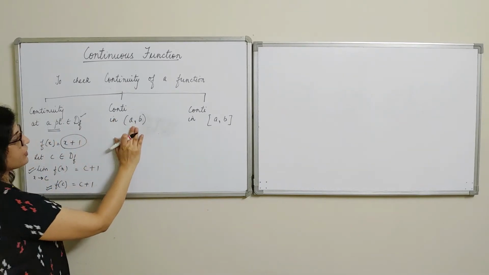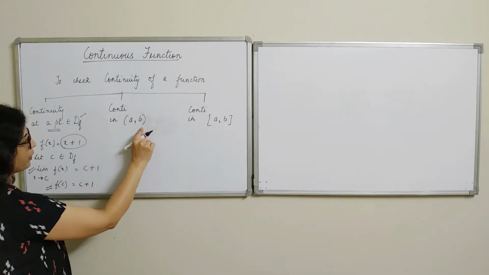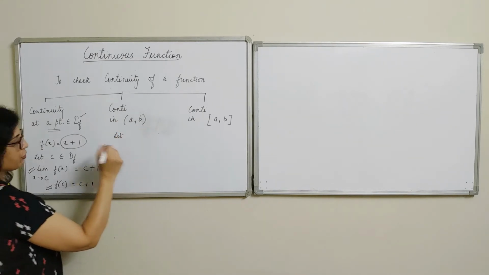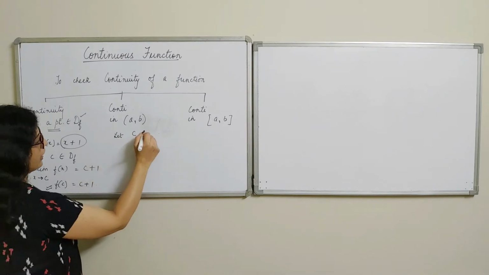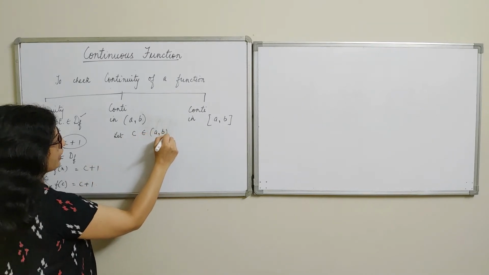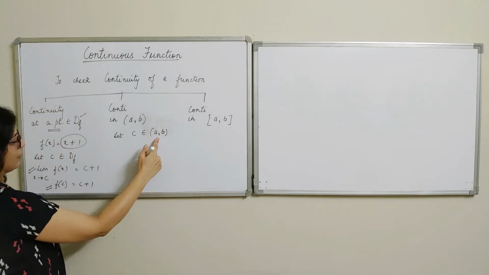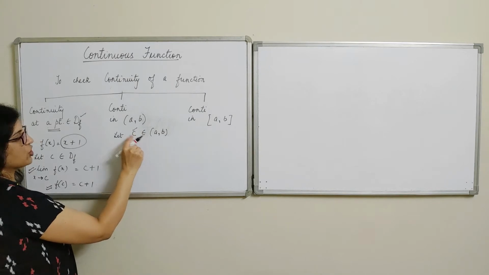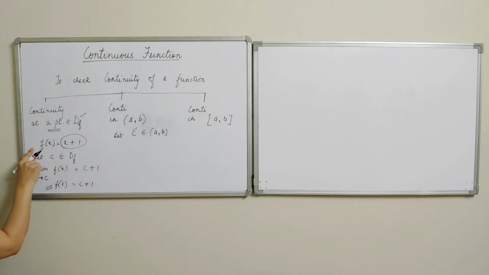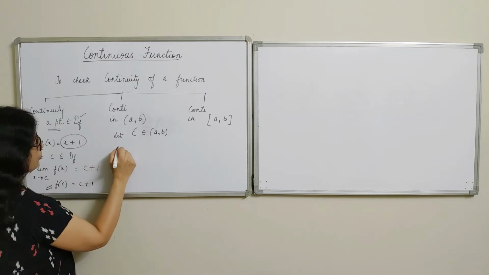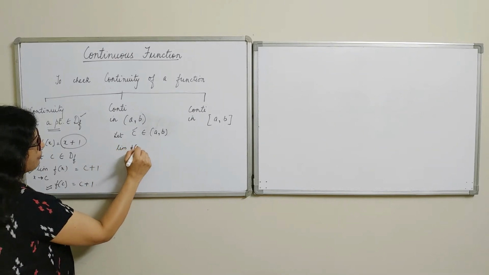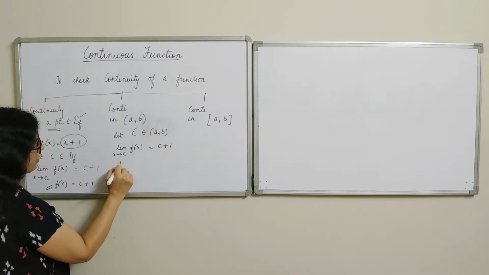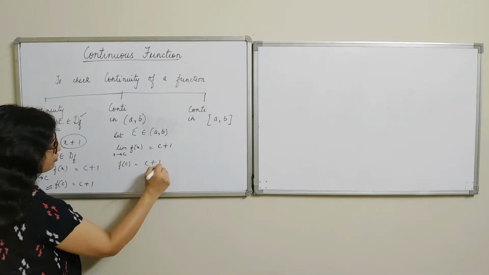If we have a question of this kind where we have to check continuity in an open interval, in that case, from this interval, let's choose an arbitrary point. Suppose that point is C. So let C be a random point in the open interval AB. We will check the continuity of the function at the point C. I'm referring to the same example here, f(x) is x plus 1. When we find the limit of the function when x tends to C, the value is C plus 1. The value of the function is also C plus 1.